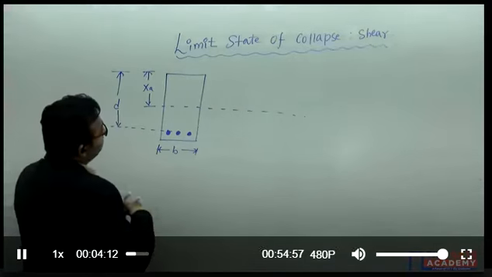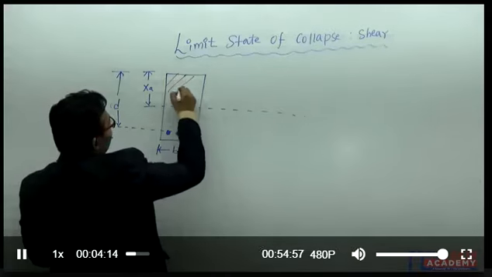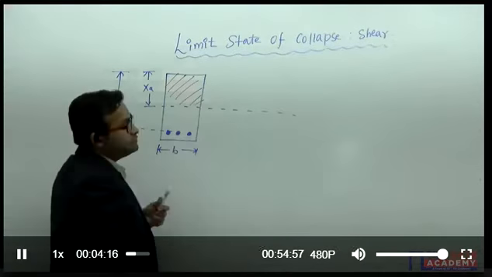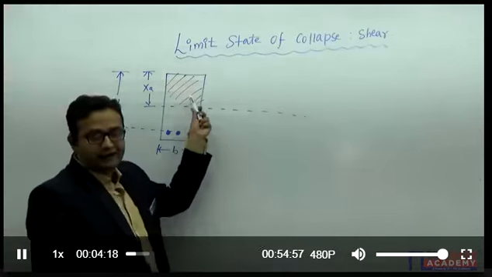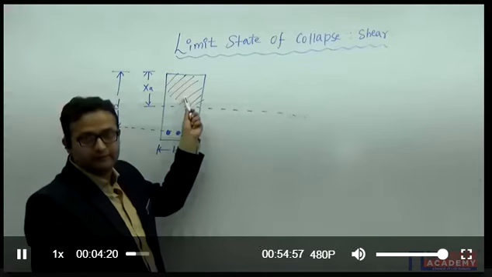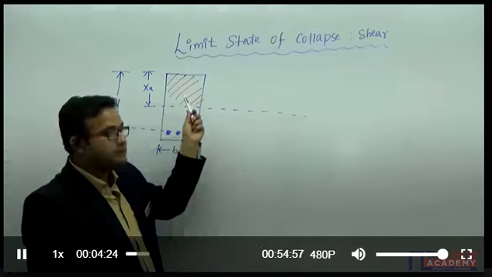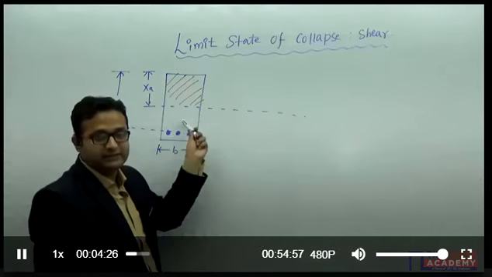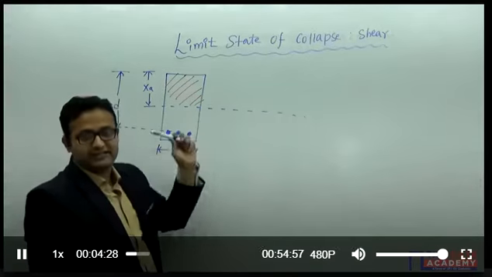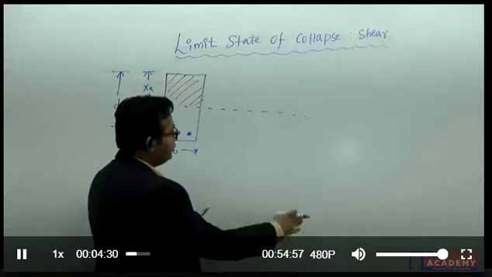If I consider only the region above the neutral axis, there is purely concrete, which will carry the compressive forces. So we can calculate the stresses above the neutral axis first. Let's calculate.